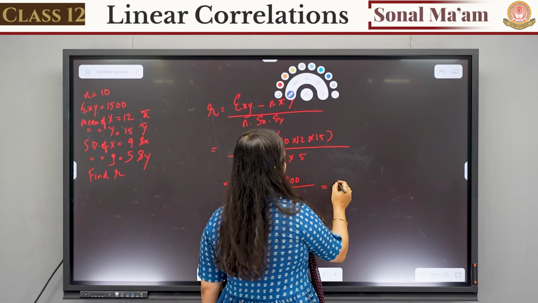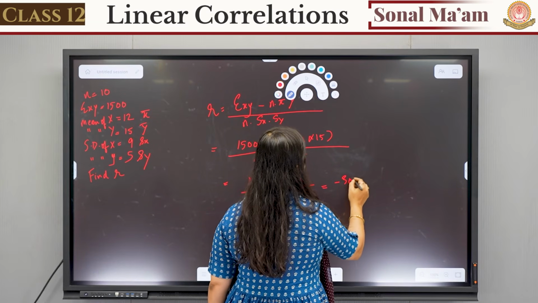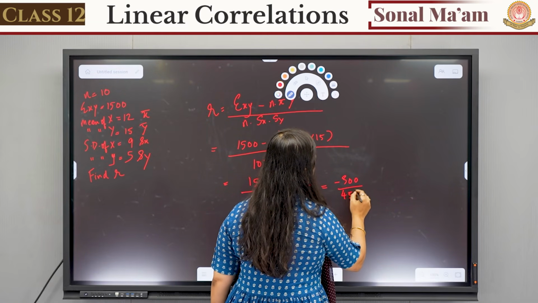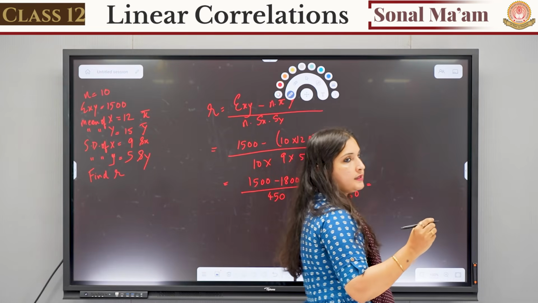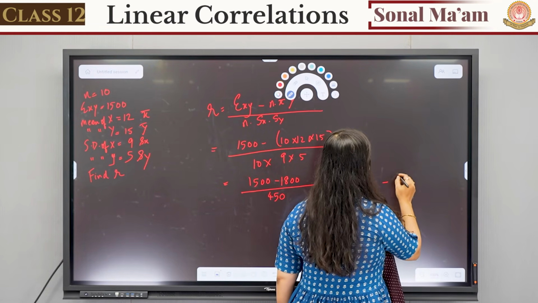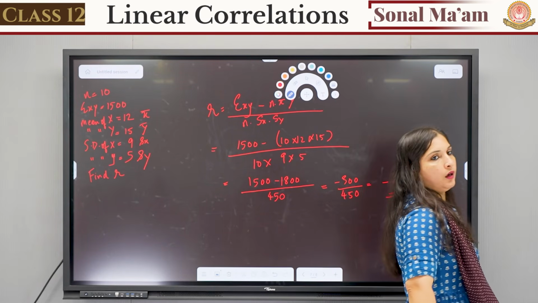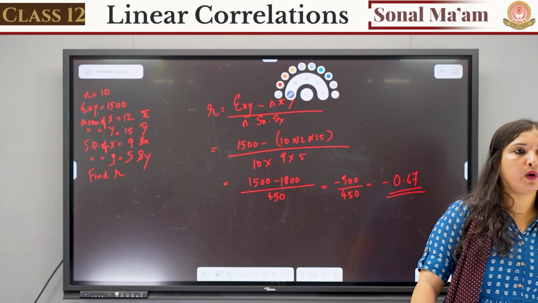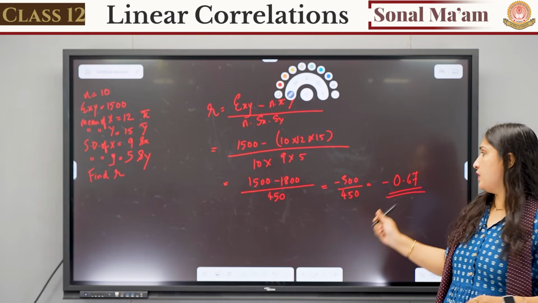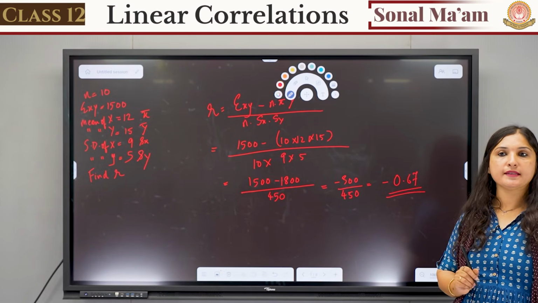So we have minus 300 divided by 450, and the final answer will be minus 0.67. Again, is it less than minus 1? No. So the answer is minus 0.67.